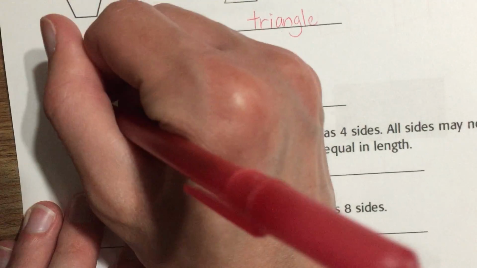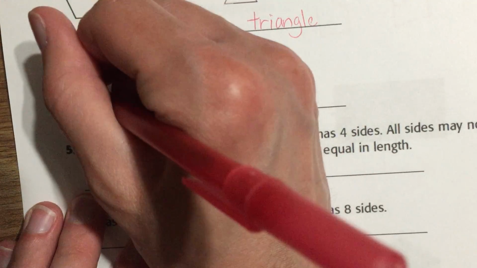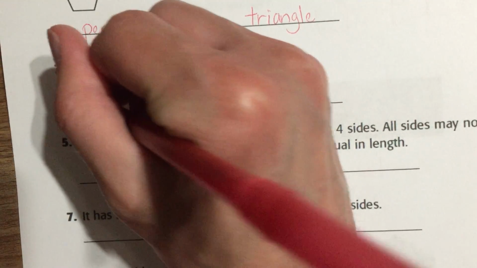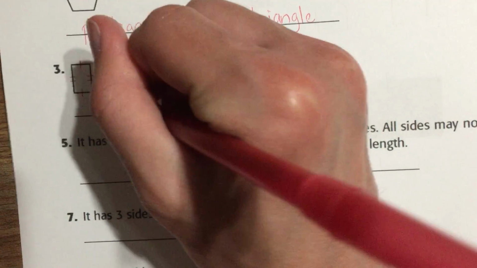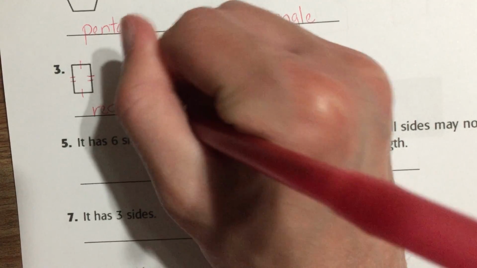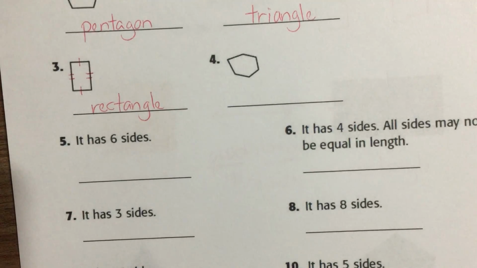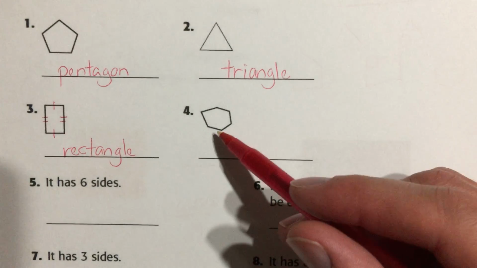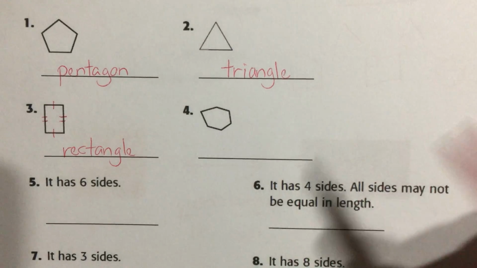Now, rectangle. Okay, we got 1, 2 that are that length, and 1, 2 that are that length. So that tells me it is a rectangle. If all of them were the same length, if they were all congruent sides, we would have a square on our hands. Now this one looks a little bit funny because it's not a regular shape, and that's another word.